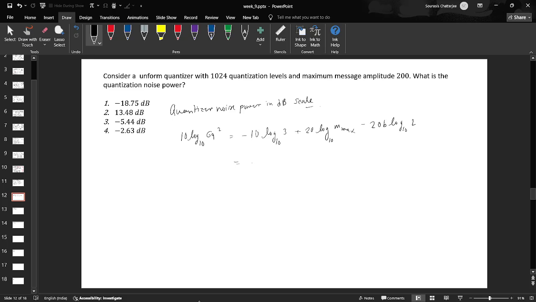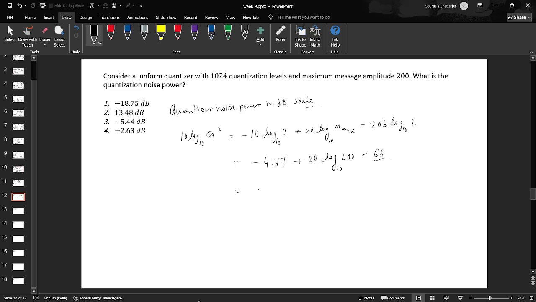This value we have already seen is minus 4.77. This is going to be 20 log base 10, you just put the values, 200, minus, 20 log base 10 of 2 we have seen is 0.3, so it's minus 6b.